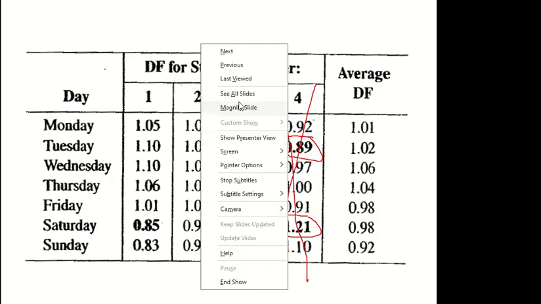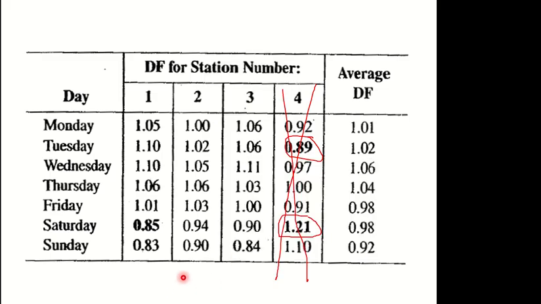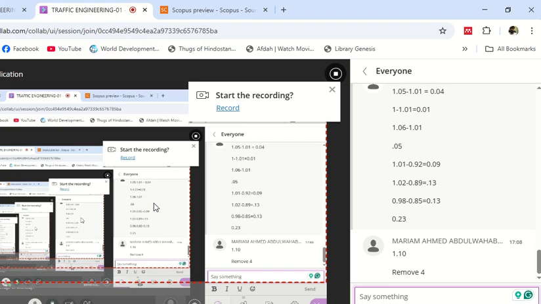Can you start calculating the average for each day for the remaining 3 locations? What is the average of Monday, Tuesday and Wednesday?